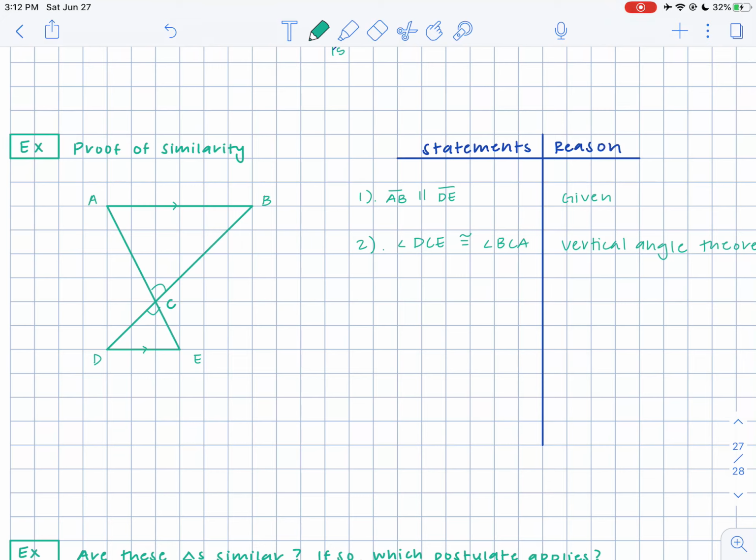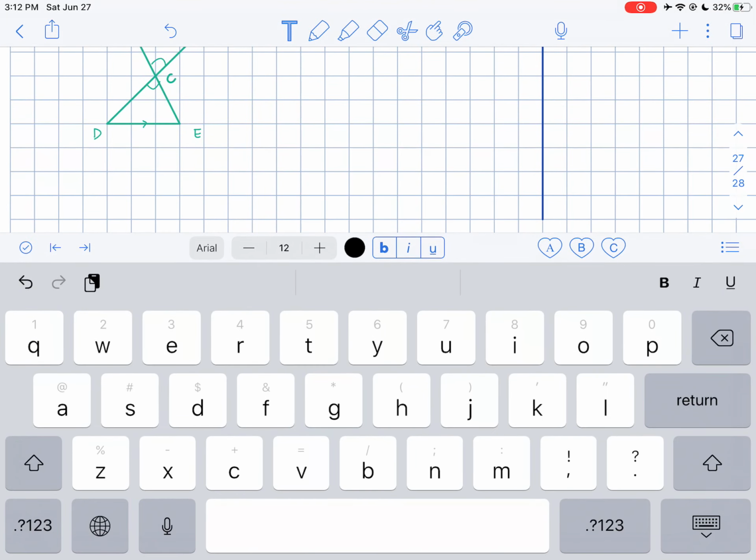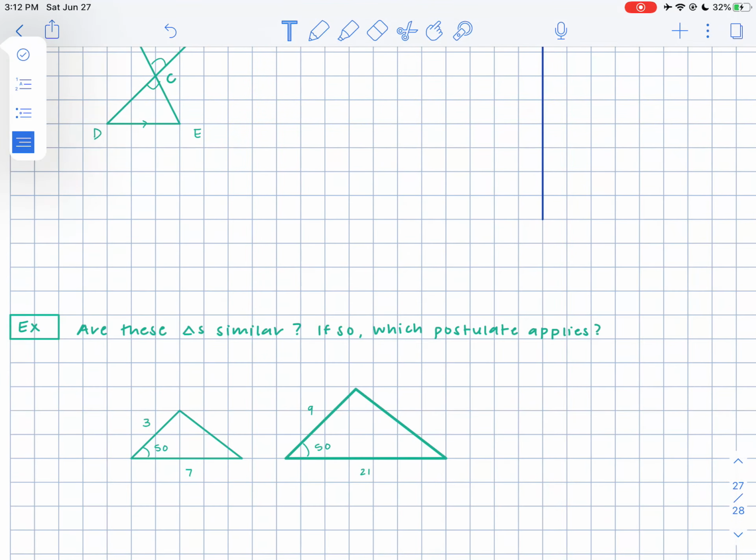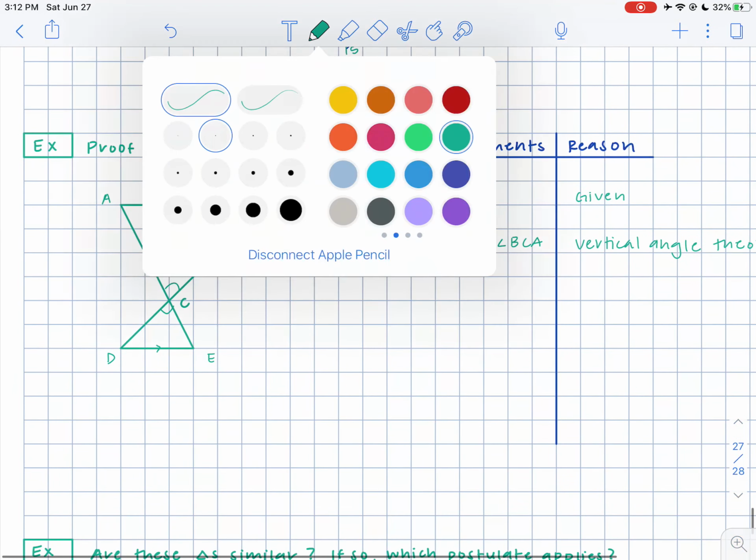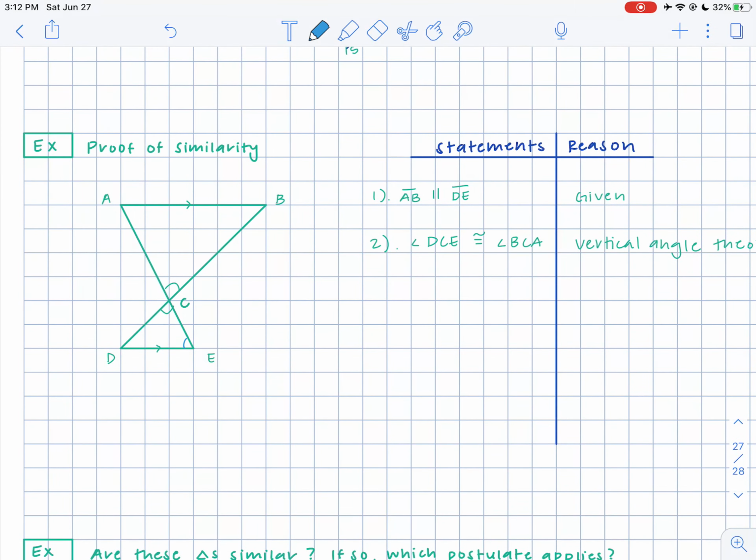What else do we notice? We notice that angle E is congruent to angle A. How do we know that? We know AB and DE are parallel. So if we continued on as parallel lines, we notice that AE is a transversal and it's cutting through these parallel lines. And what special pairs of angles did we learn?